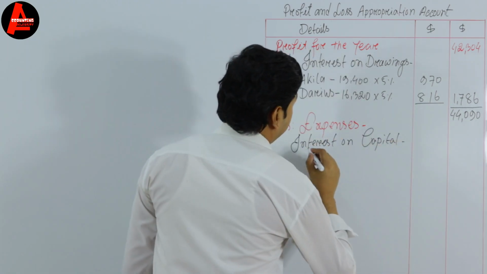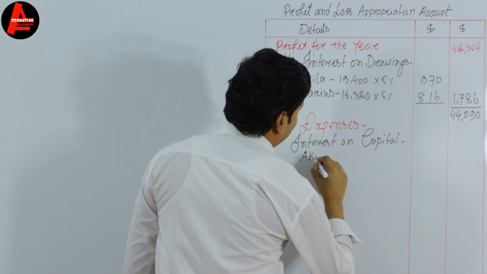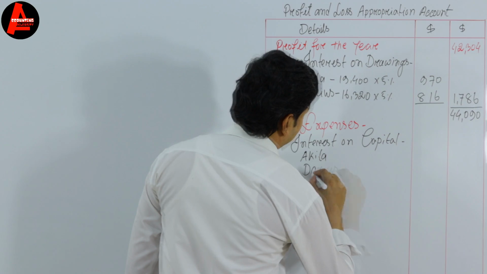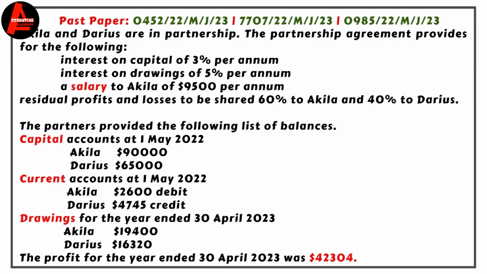The partners' names are Aquila and Darius. What is the capital for Aquila and Darius? In the question we have the capital accounts at 1st May 2022: Aquila's capital is $90,000 and Darius's capital is $65,000. The interest on capital is 3% per annum.